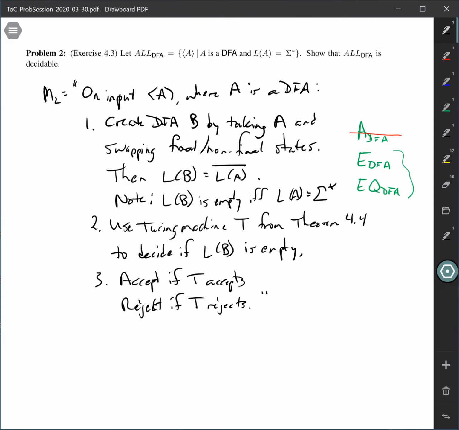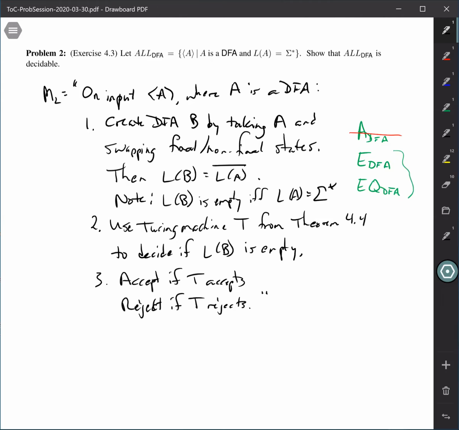Since the language accepted by B is empty if and only if the language accepted by A is everything, is all strings, then if T says that L of B is empty, we accept because L of A is the set of all strings, and reject otherwise. And that's the whole definition then, right?